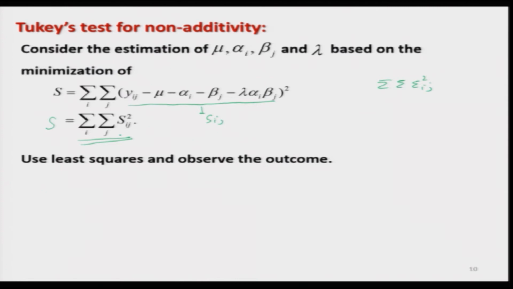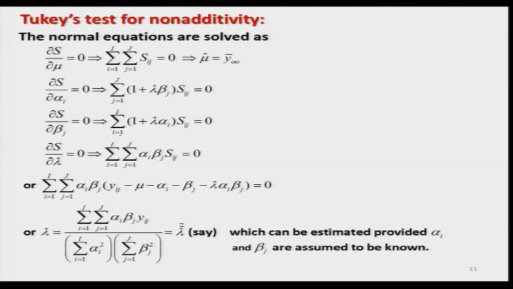Now, what I want you to observe here is that we use the same approach that you had used earlier: partially differentiate with respect to mu, alpha i, beta j and lambda, then solve those equations and see what the outcome is. So, that is what I am now trying to do: differentiate capital S with respect to mu, alpha i, beta j and lambda, and substitute them equal to 0 to obtain the normal equations, and then solve them.